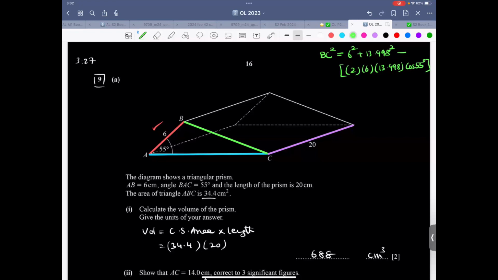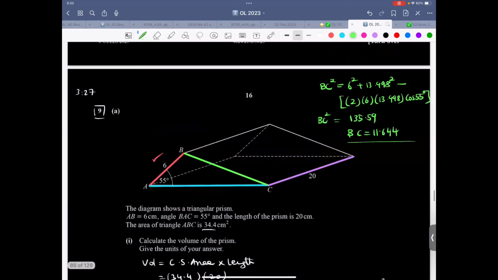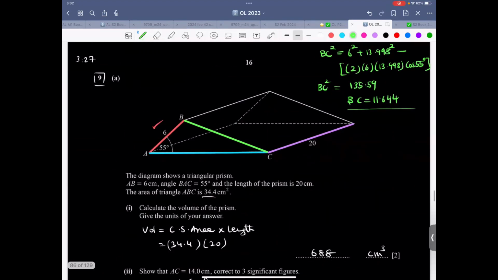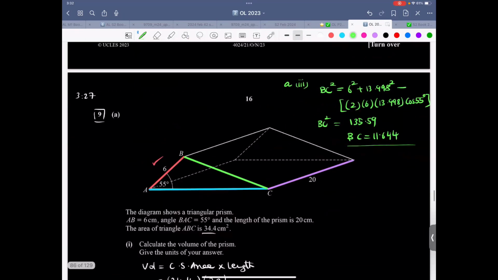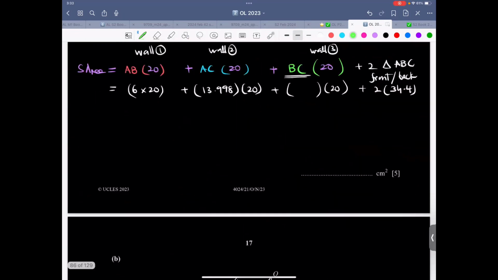So therefore, this comes out to be 135.59. That is BC square. Therefore, BC is 11.644. So this is according to cosine rule. This is the working for part 3. I've done this working upstairs. So therefore, this is 11.644.